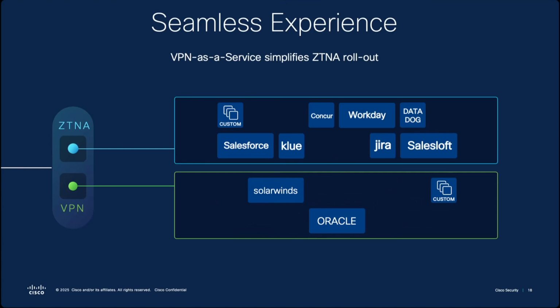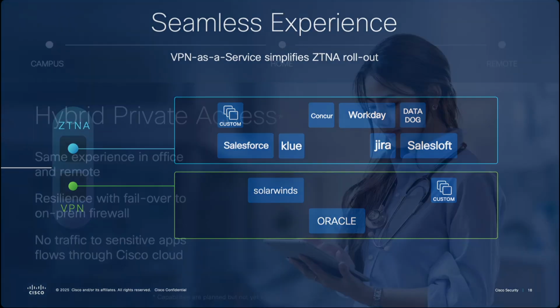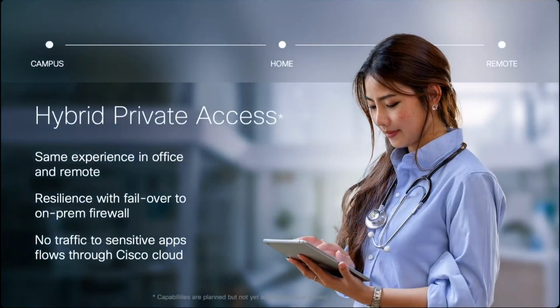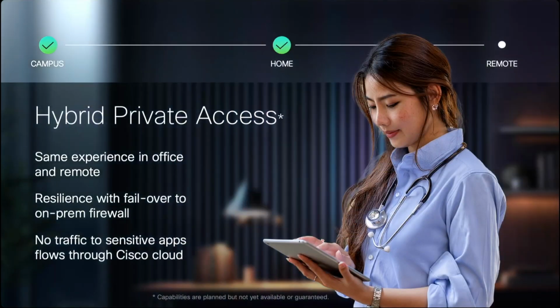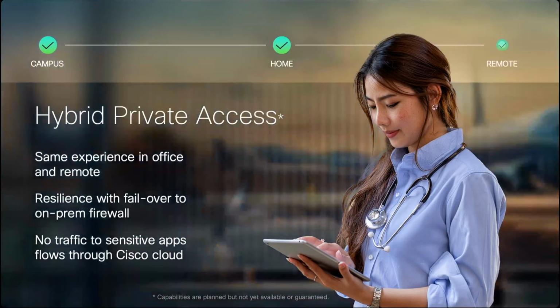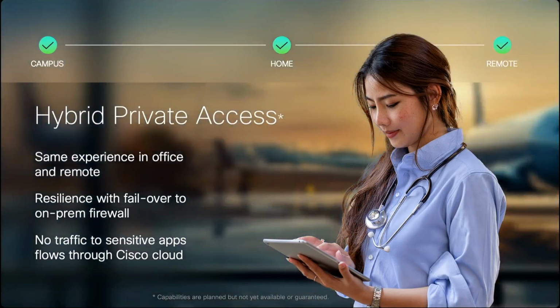Access to the application is very, very seamless, and it really simplifies the ZTNA rollout at the end of the day. Now we're taking this one step further, where we're announcing something called hybrid private access. Hybrid private access allows us to extend that same seamless access to private resources, whether you're in the office or whether you're remote, providing that same capability.